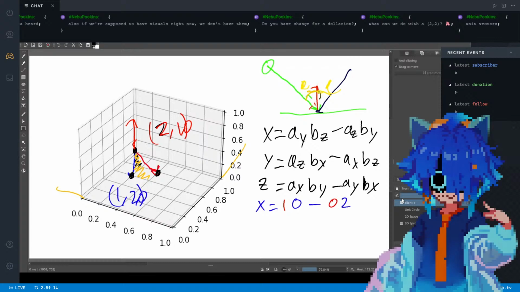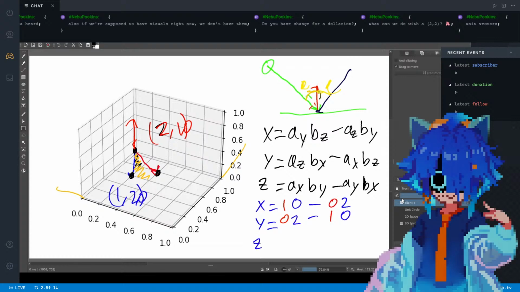Then for y, we're going to have the z, so 0 from red, and the y, so 2 from blue, minus, we're going to have the x, so 1 from red, and then the z, so 0 from blue.